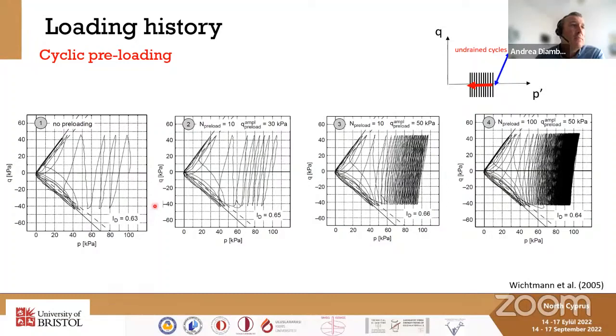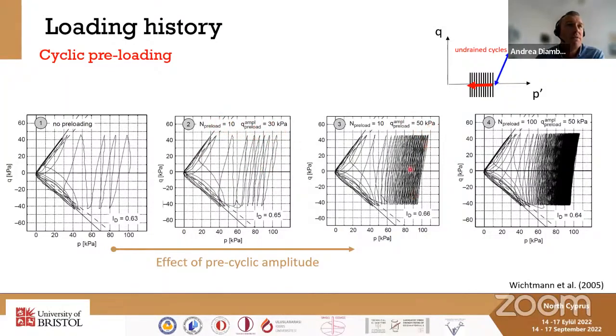Here I'm representing the data from Wickman et al., where you can see the undrained behavior without any cyclic preloading, and the comparison with when we apply cycles of different amplitudes. So these are 10 cycles applied before the undrained cyclic loading, of 30 kPa and 50 kPa amplitude. And you can see the number of cycles increases when we increase the amplitude, but this further increases if, for the same amplitude, we increase the number of cycles.